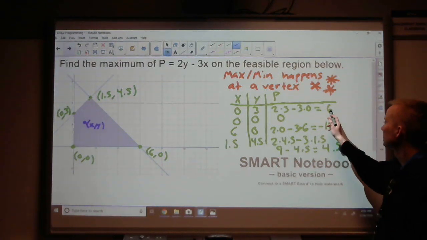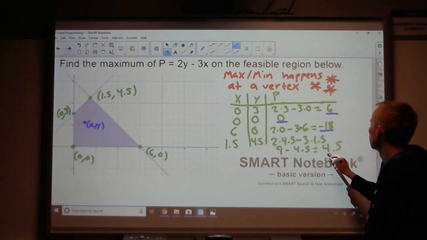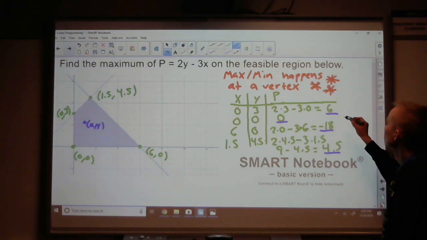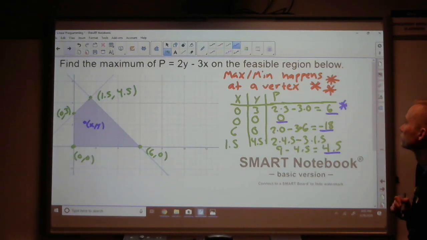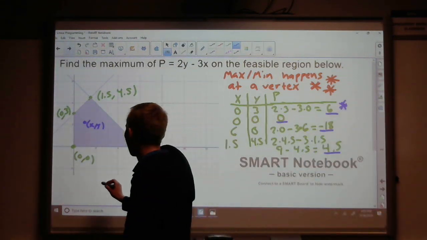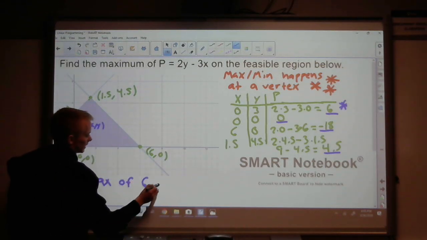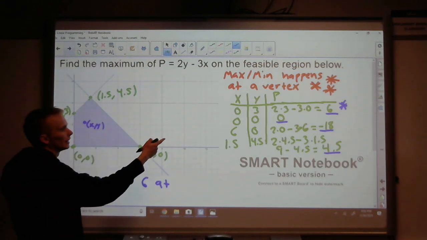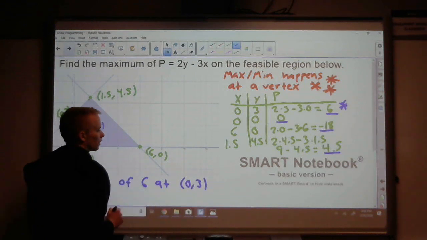So I had 6 was one number, 0 was a number, negative 18, and 4.5 were my final answers here, right? So which one is the biggest? Well, it's 6, okay? So this has a max of 6 at the point. What point gave us 6? It was at 0, 3.